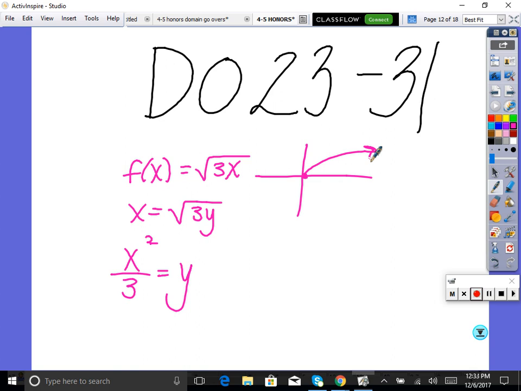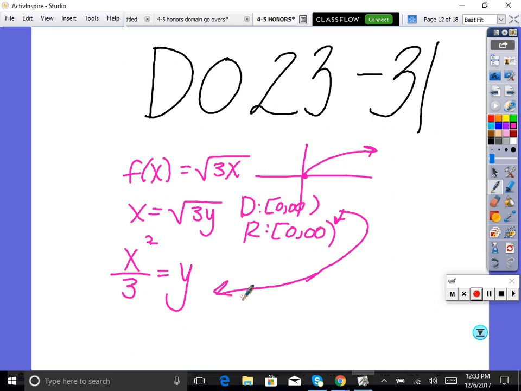So now think about it. If we inverse this, my domain here would be 0 to infinity, wouldn't it? And my range is what we really want for the restriction, because that would be the domain of our inverse. So isn't my range 0 to infinity? That's the domain of our inverse.